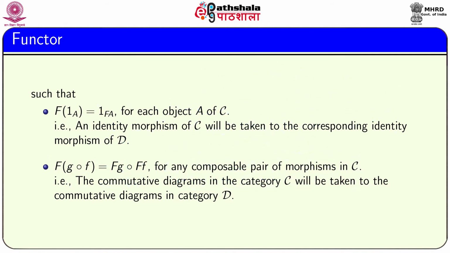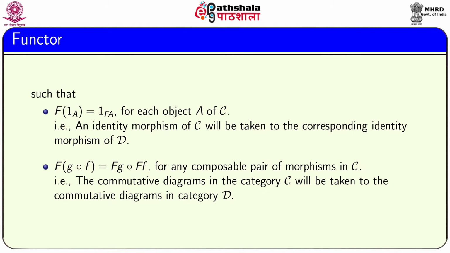The first one is F(1_A) is 1_F(A) for each object A of C. Here 1_A stands for the identity morphism from A to A in the category C, and 1_F(A) stands for the identity morphism from F(A) to F(A) in the category D. So, in the first condition actually we are asking for the identity morphism of C to be carried by the rule F to the corresponding identity morphism of D.